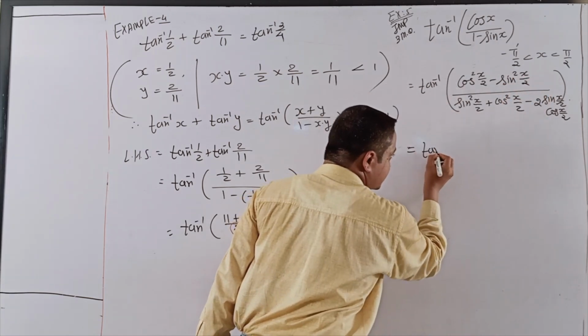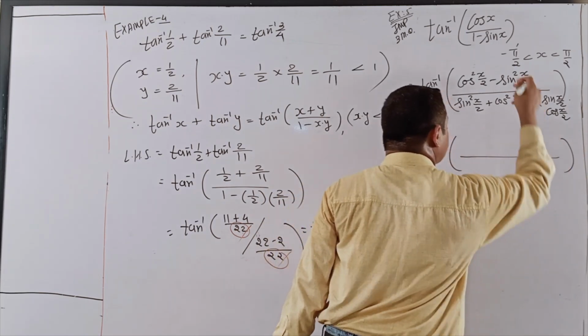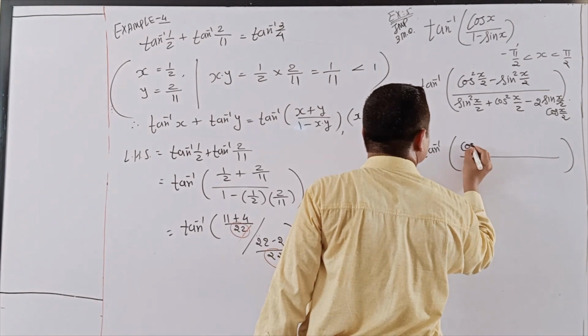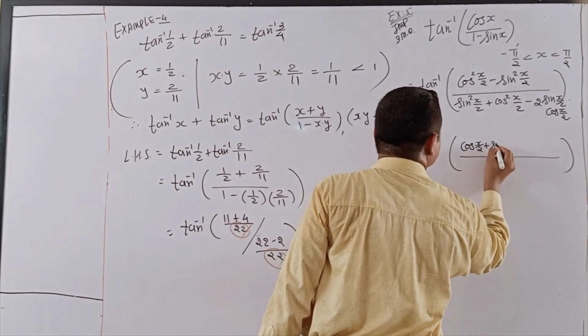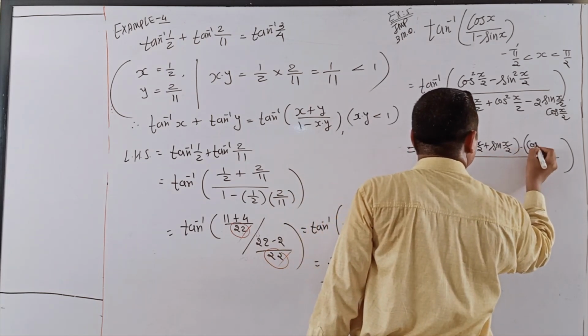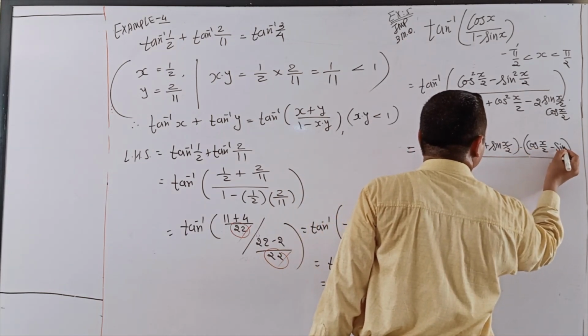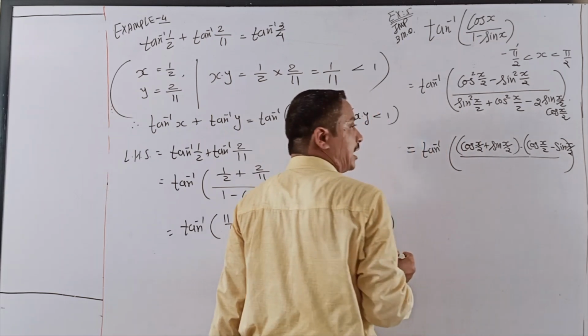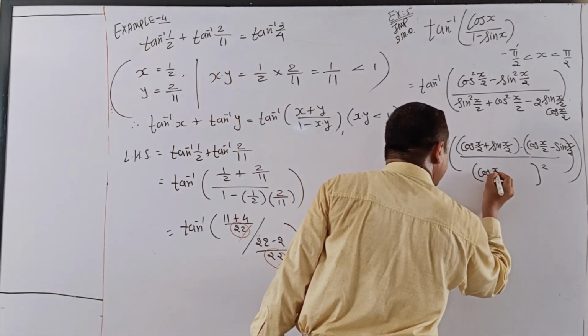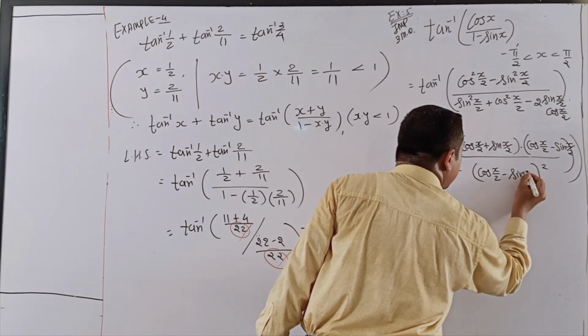Now students, it is done because the denominator is a perfect square. The numerator has 2 factors, cos x by 2 plus sin x by 2, and secondly cos x by 2 minus sin x by 2, and the denominator is the perfect square of cos x by 2 minus sin x by 2.